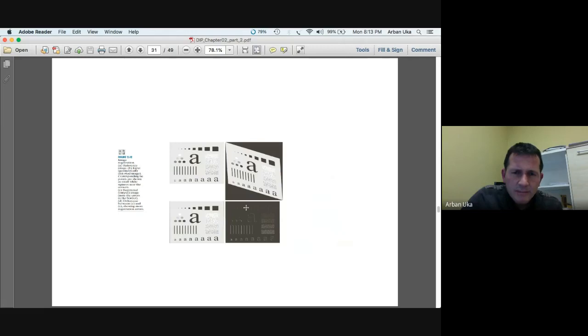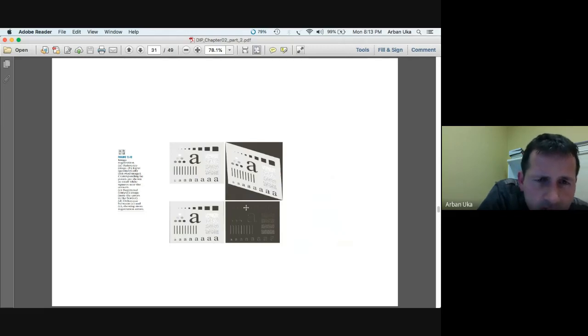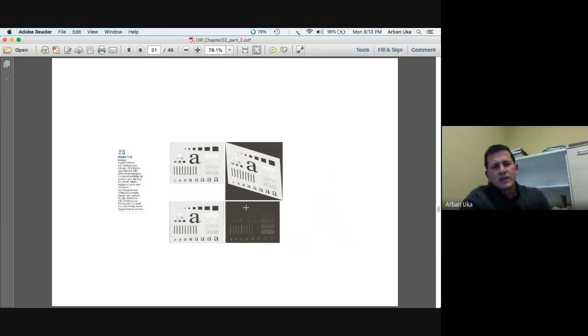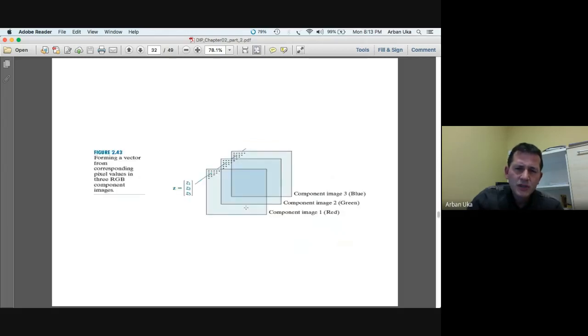Now here we see another aspect which is essential, which is image registration. For image registration, we can get the second image, which is B, and we can obtain the image C, and then after we do the registration, we can check how much difference there was between the original image and the registered one.